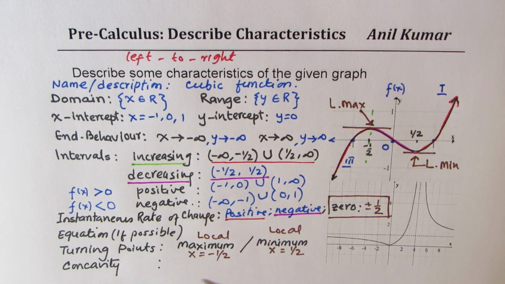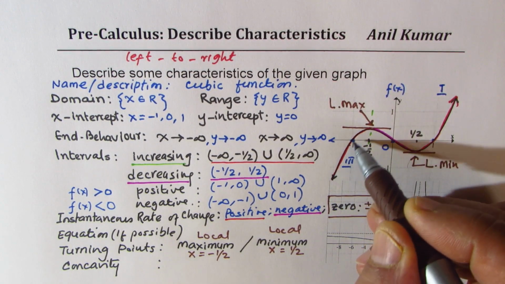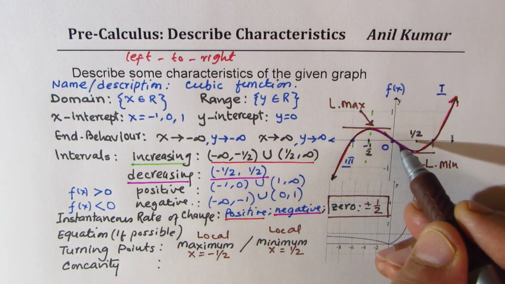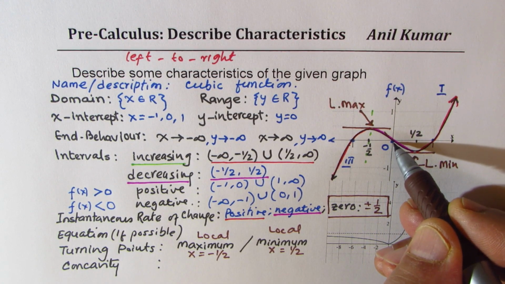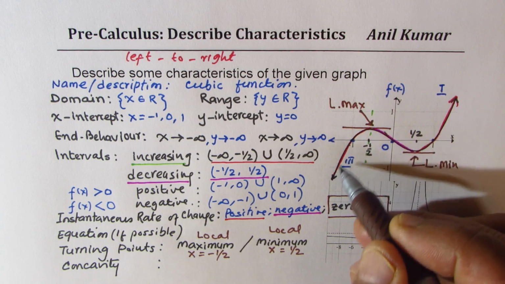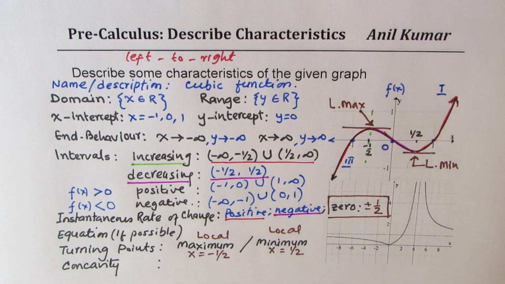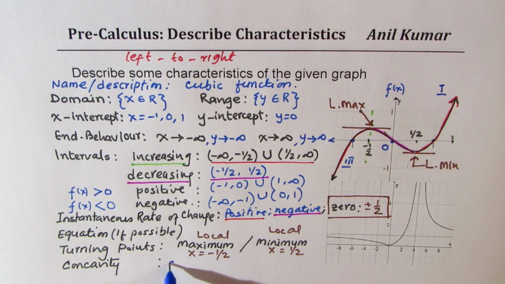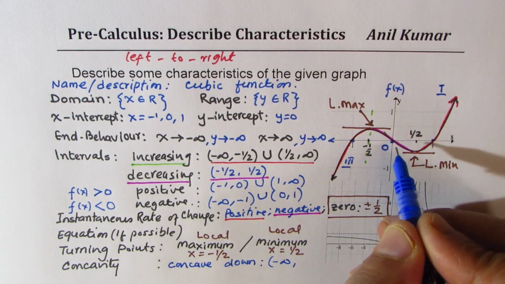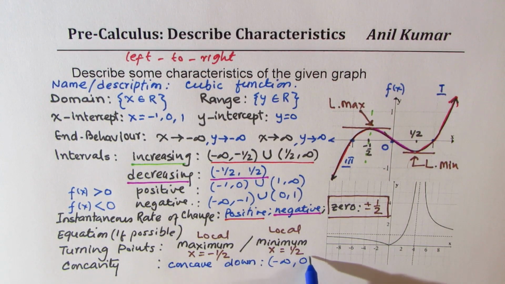Now comes concavity. So this portion where we have this local maximum up to 0, we'll call this concave down. It kind of opens downwards, right? So concavity is mentioned as concave down. In our case, it is from minus infinity to 0.